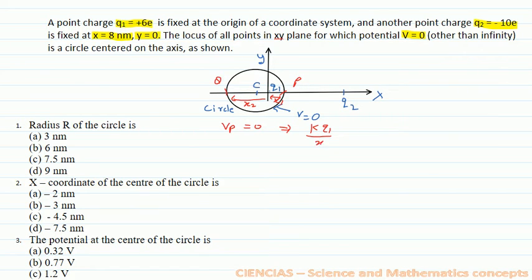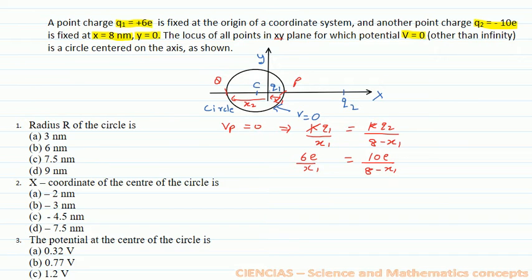So kq1 upon x1 will be equal to kq2 upon 8 minus x1, since q2 is 8 nanometer from the center and x1 is subtracted. So k gets cancelled. 6e upon x1 equals 10e upon 8 minus x1.